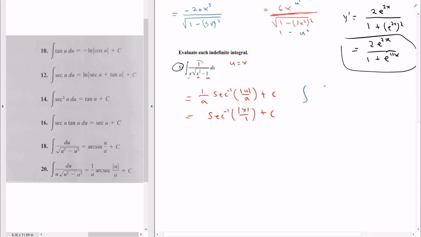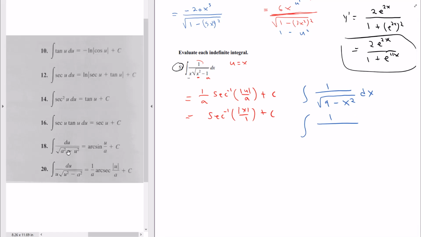Let's say we had 1 over the square root of 9 minus x squared. Then you have to recognize that this is the sine one, arcsine. Look over at the formulas over here.